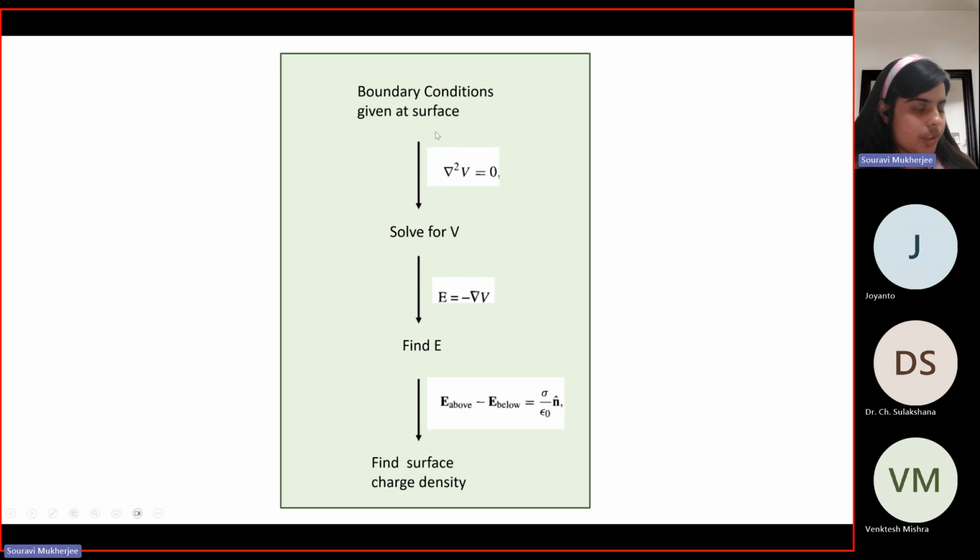Because only then the Laplace equation will be valid. You know the potential on the surface surrounding the region. So you use the boundary condition, solve for B. Once you find B, you can try to find the electric field. Once you find the electric field, you can use this solution to find the surface charge density on the surface which covers or encloses the region.